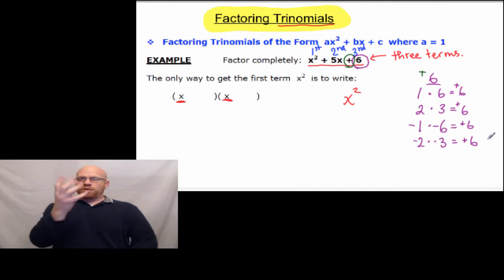So now we have four distinct possible pairs, and they all multiply to become positive 6.